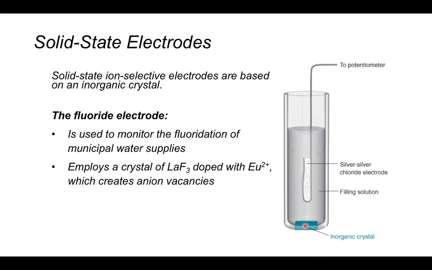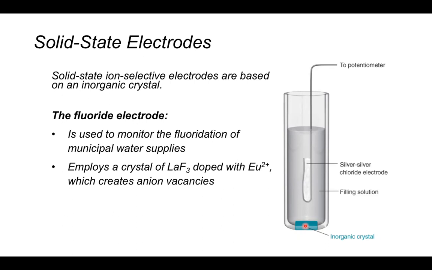Remember, ultimately these ion selective electrodes, if they have some sort of membrane or a crystal or they're solid state in some form, will have some slot or some hole in the crystal structure or in the membrane structure, which will allow the ions to move into that space and change the potential of the electrode and the potential of the wider system.